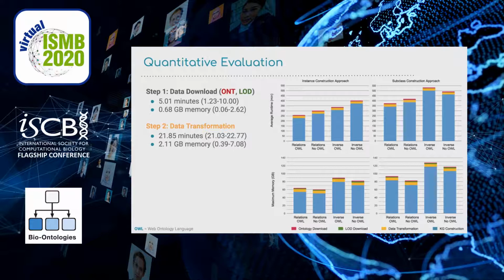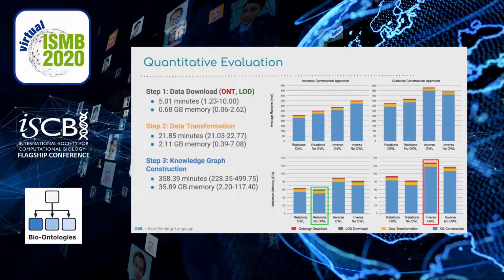For step 2, the data transformation and edge creation step, the average runtime was 21.86 minutes, and the average memory used was 2.11 gigabytes. Finally, step 3, the knowledge graph construction step, took an average of just under 6 hours and used nearly 36 gigabytes of memory.